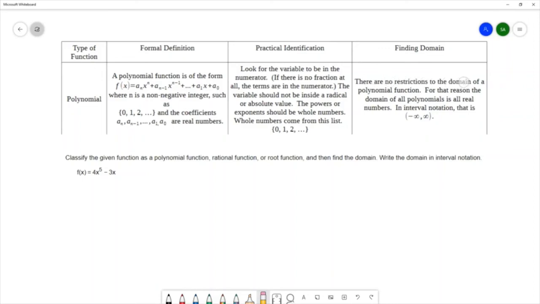We're allowed to substitute any value for x, so since there are no restrictions, our domain will be all real numbers, or negative infinity to infinity. So there's not any calculation needed to find the domain of a polynomial function. You just have to be able to recognize when you have a polynomial function and understand that there are no restrictions and the domain will be all real numbers.